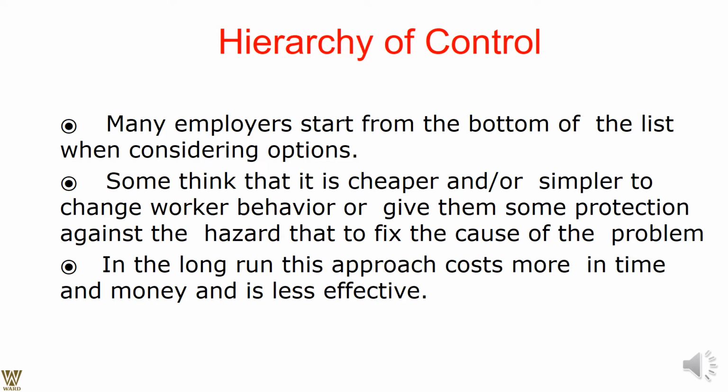In the long run, believe it or not, the approach costs more and is less effective. It should always start from the top. Whatever I'm trying to tell you is that employers believe the onus of control lies with them.